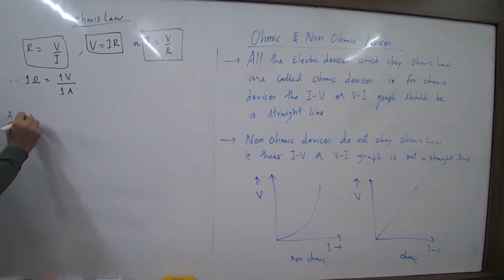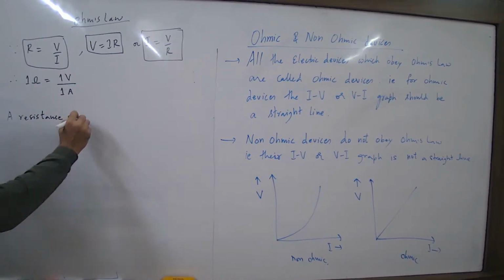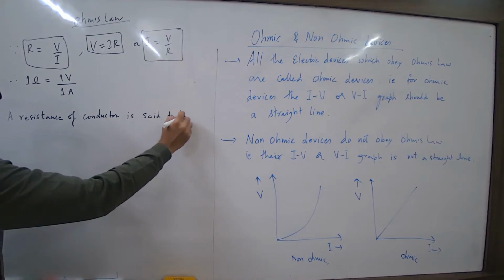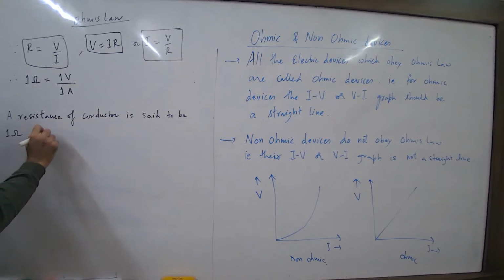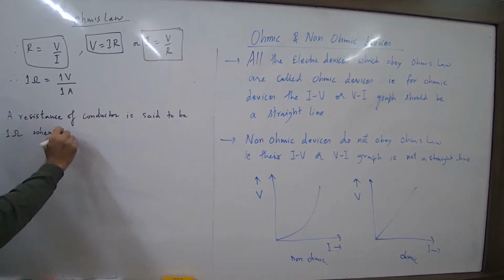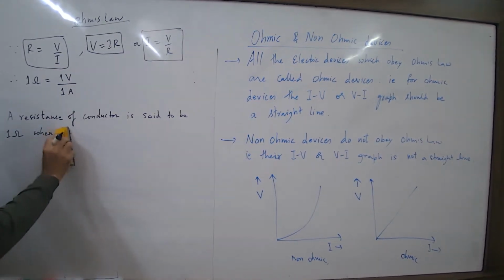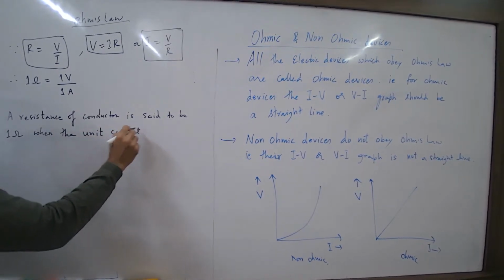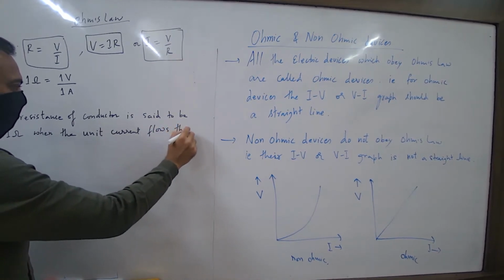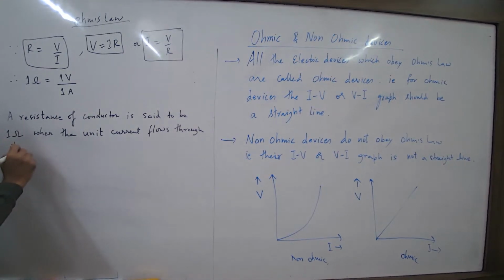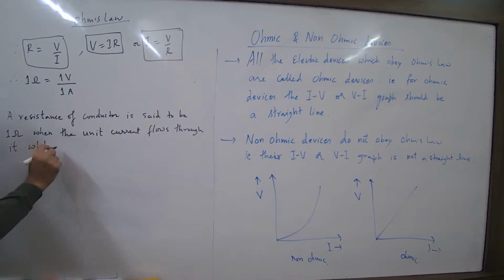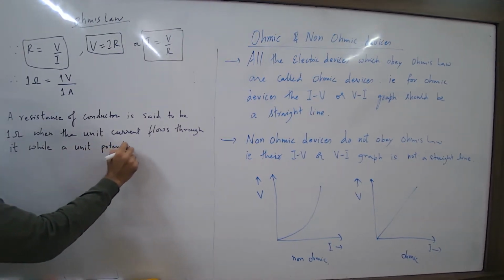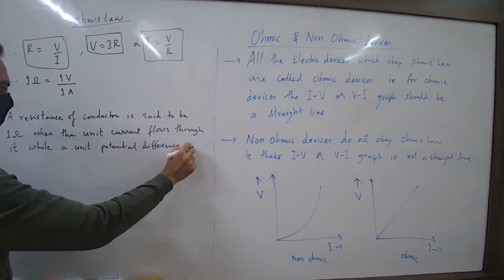So the resistance of a conductor is said to be 1 ohm when the unit current flows through it while the unit potential difference is applied across it.